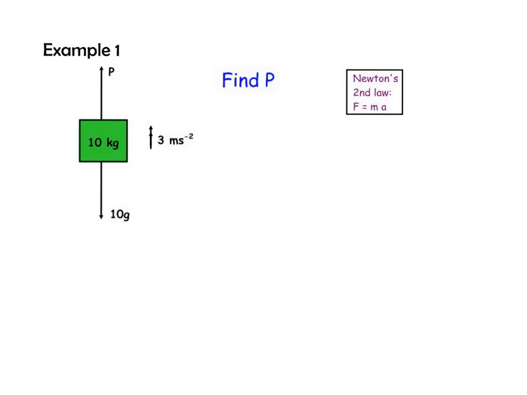Okay, we're going to do a couple of straightforward examples now. So here, the acceleration due to the force P on our particle is 3 meters per second squared. That means that the resultant force, which is P minus 10g, because we're going to take the acceleration to be positive, so we have P in the positive direction and 10g in the negative direction, is equal to the mass of the object, which is 10 kilograms, times the acceleration, which is 3.